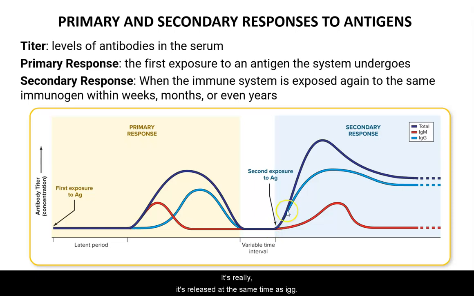It's released at the same time as IgG. And look at all this IgG that's being released. And this is because those memory B cells hang around, and when they get exposed to that antigen, they already have antibodies made that they're ready to just pour out into the bloodstream. Okay, so that's how the secondary response happens.